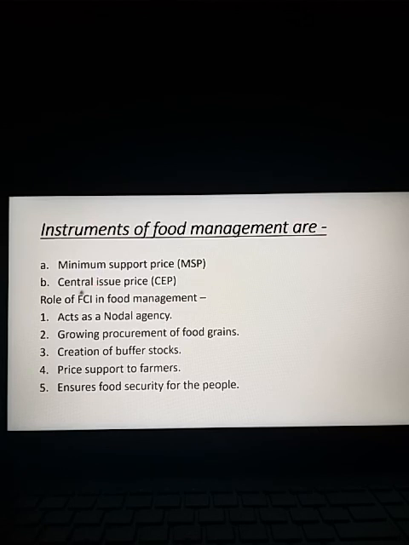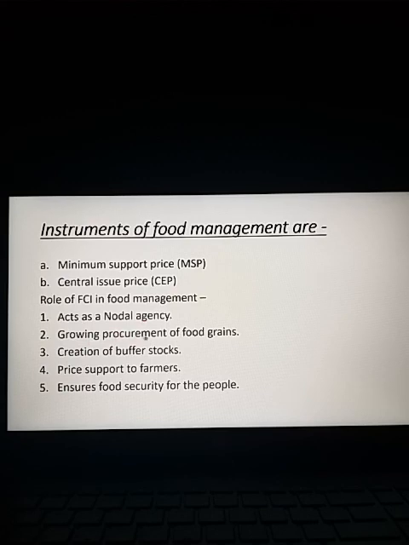As far as the functions of FCI are concerned, or the role of FCI in food management, FCI acts as a nodal agency. It is a chief agency that looks after food supply, either purchase of food grains from the farmers or distribution of food grains to the people, that is, those who are vulnerable sections of the society.